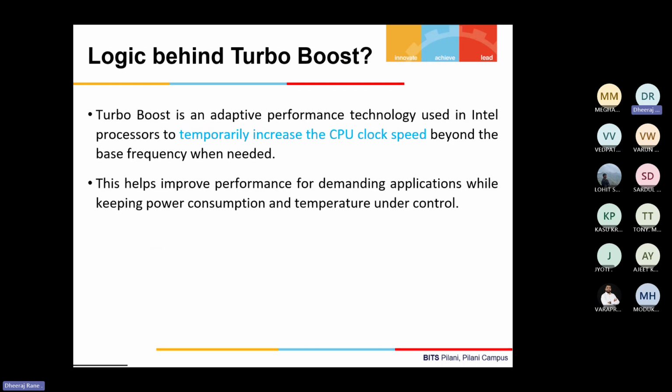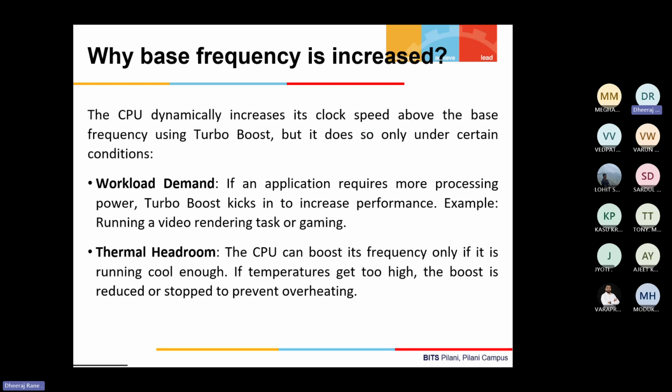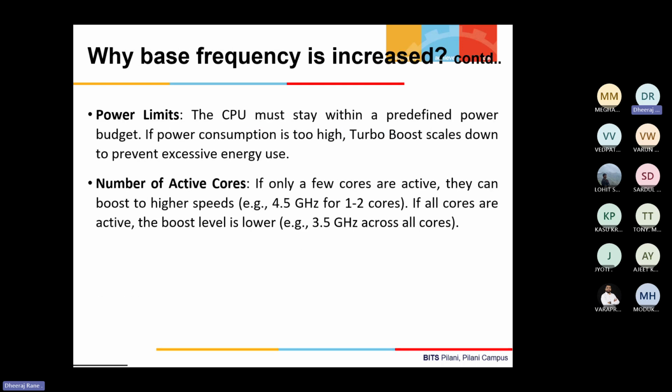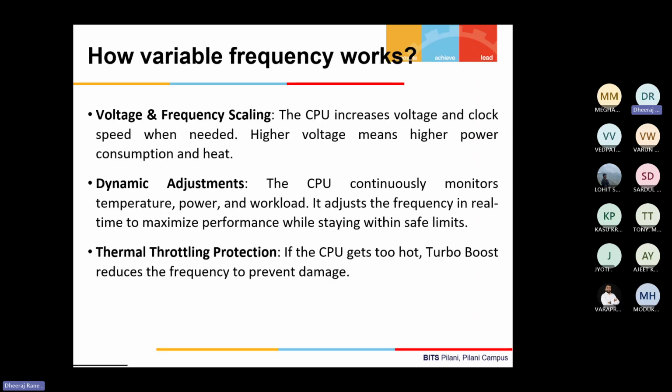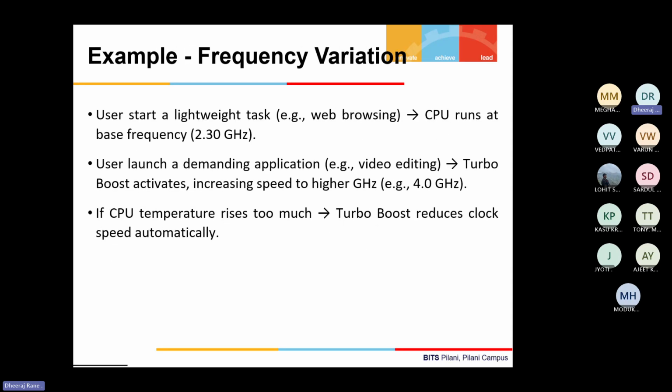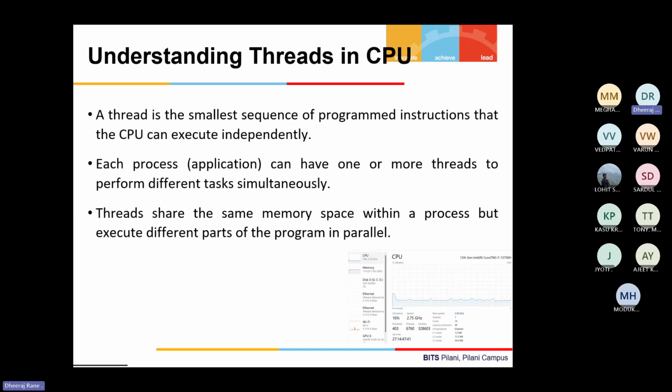Then base frequency logic, turbo boost, why base frequency is increased, what the favorable factors are that increase the base frequency, and how it is managed on a variable node, how frequency varies. So we have seen that ultimately voltage is varied, and because of that, frequency is varied.